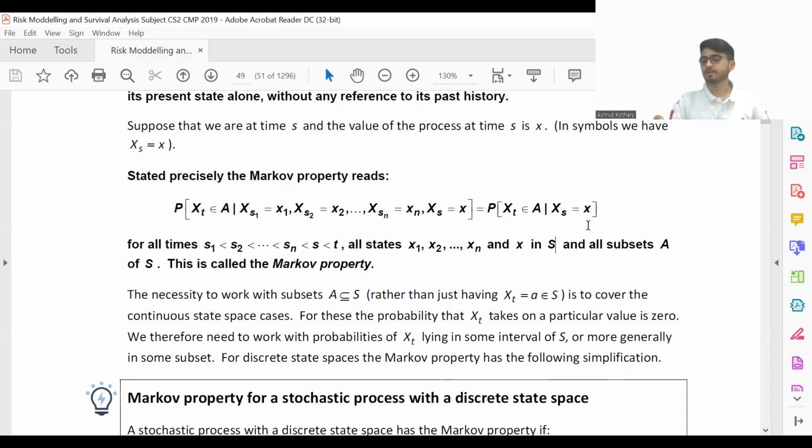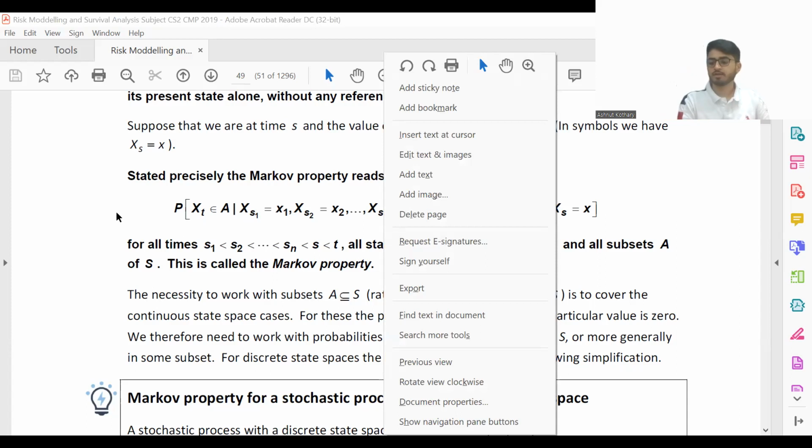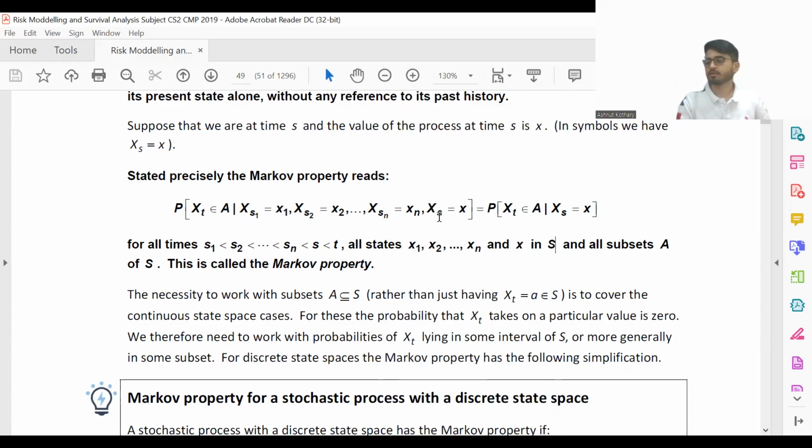So Markov basically implies one-step dependency. To know what will happen at time t, the maximum knowledge which we need is till time t minus 1. Here, time s is the last point of time where I had the value, and t is the next point of time. So to determine what happens in t, we do not need values at times s1, s2, sn. All we need is information regarding the value of the process at time s.